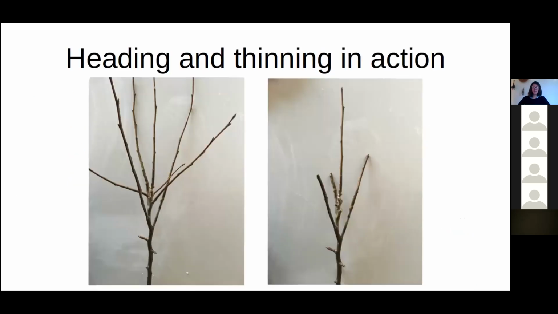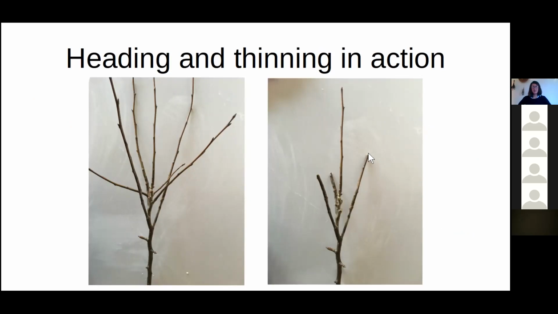So here's an example of what I mean by heading cuts and thinning cuts. And this is on a pear. So what we have here is 2-year wood right here. And then we have a whole bunch of shoots. This pear is just going nuts. So what we've done here is used heading cuts here, here, here, and here.